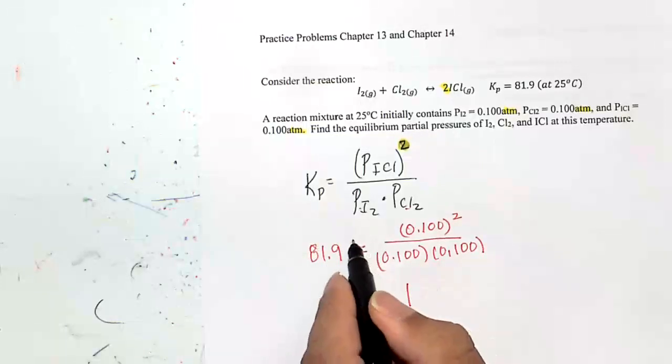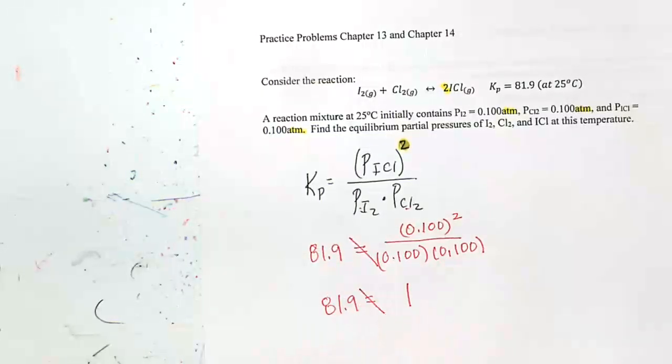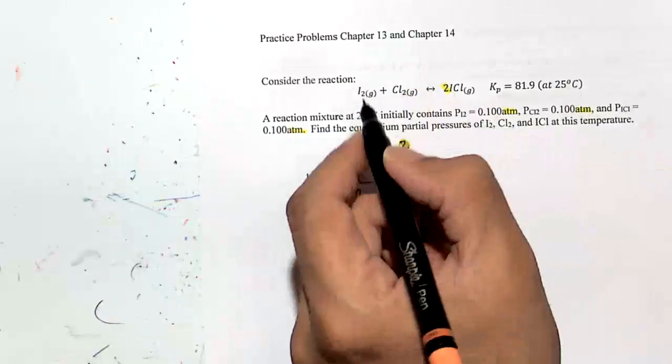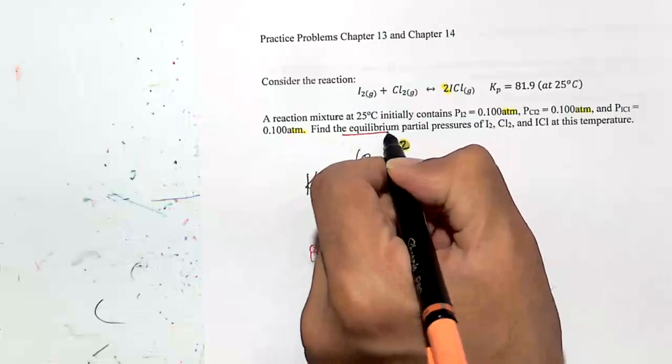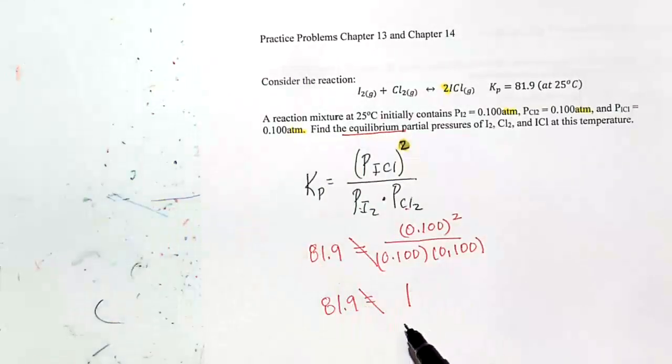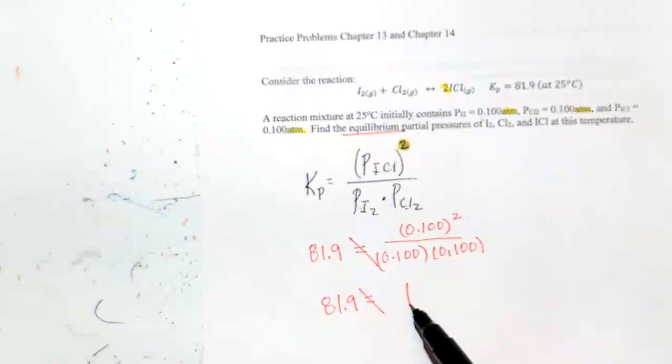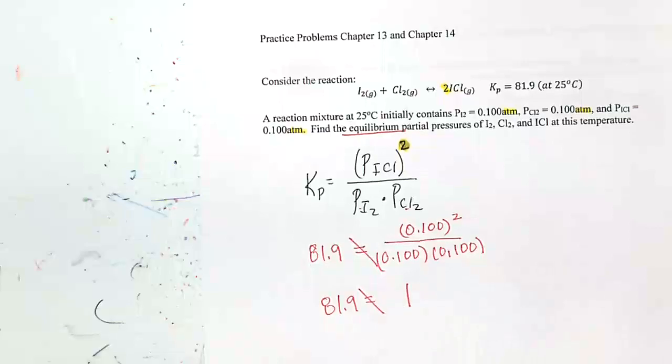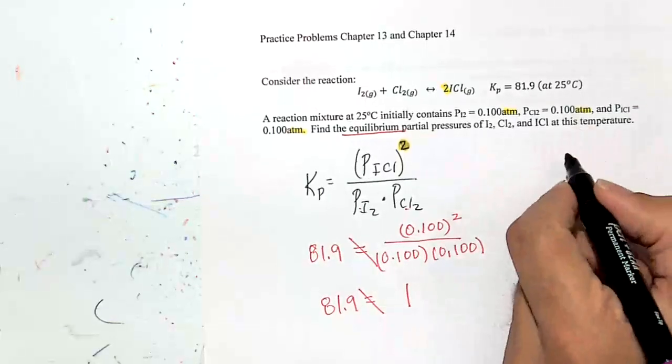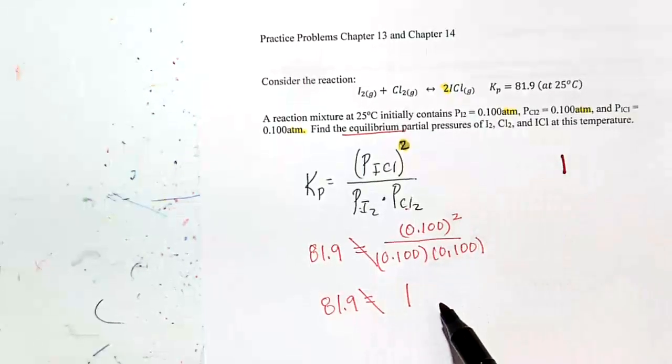So this is not at equilibrium. Which way will it go to get to equilibrium, left or right? We're going to put Q first. Q here is 1.